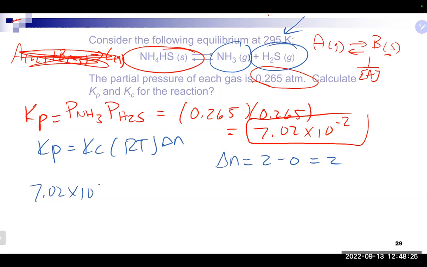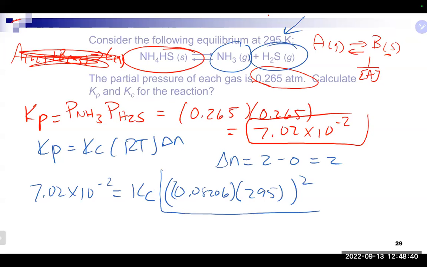7.02 times 10 to the minus 2 equals the Kc, our R, our temperature, which is 295. And once again, we're going to square it. I'm going to clean up everything right there and get a number. So that is going to be 0.08206 times 295.